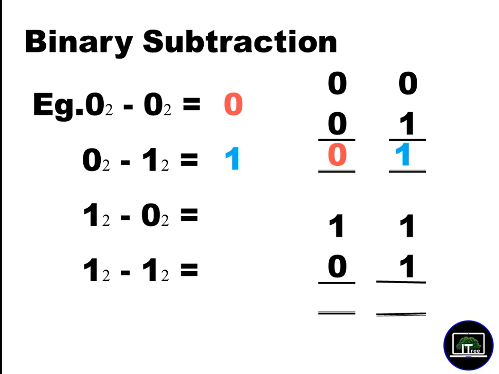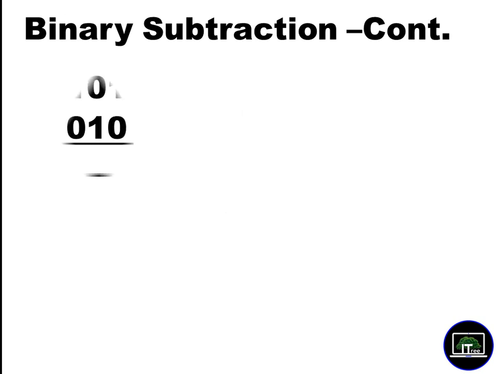So now we are deducting 0 from 1. 1 minus 0 is 1. 1 minus 1 is 0. Okay, with that knowledge, we can deduct a few things. So 1 minus 0 is 1. 0 minus 1, you can't deduct that. What you do is you take from the next line.